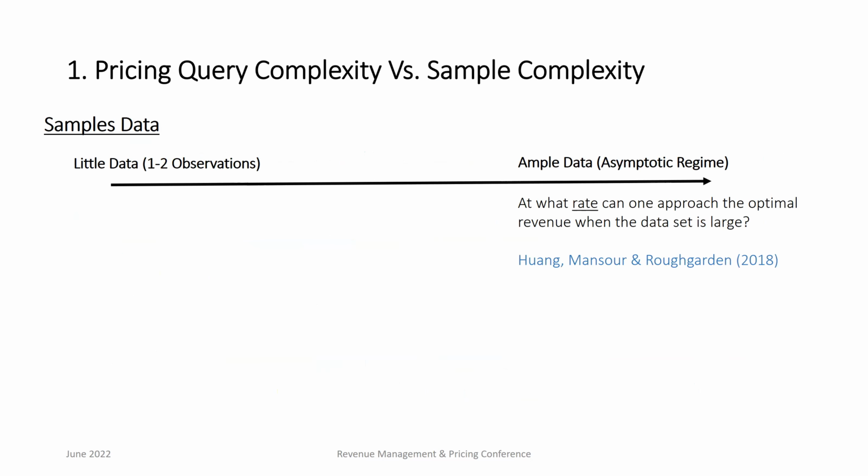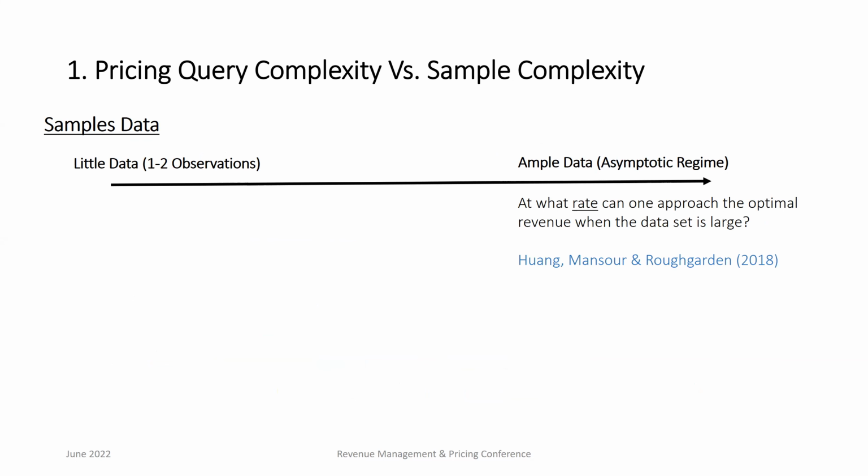So to start with the data structure, the paper focuses on contrasting results that are established here with the equivalent results from the sample complexity problem, where data consists of IID observations from the value distribution.